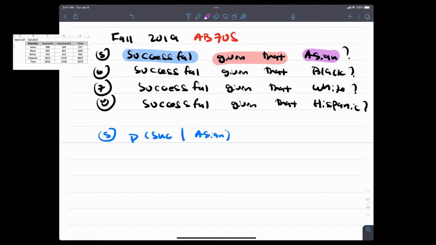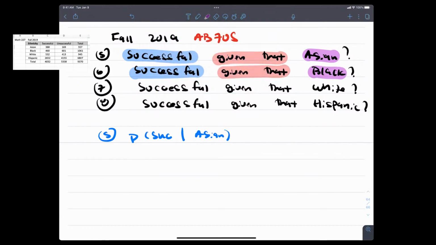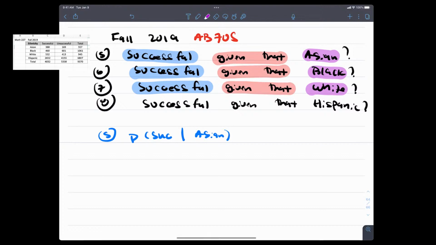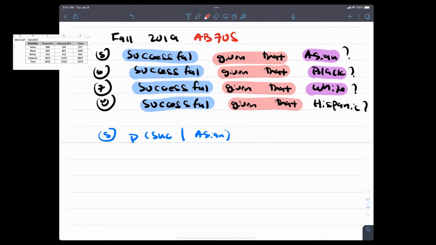Is that right? Now, probability you're successful, given that you are Black. Probability you're successful, given that you're white. And probability you're successful, given that you are Hispanic.